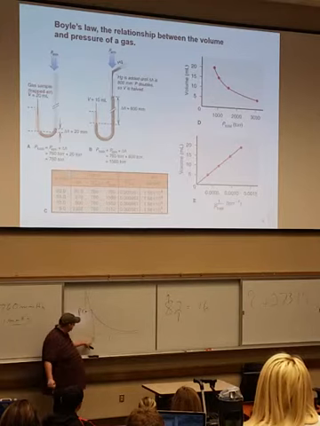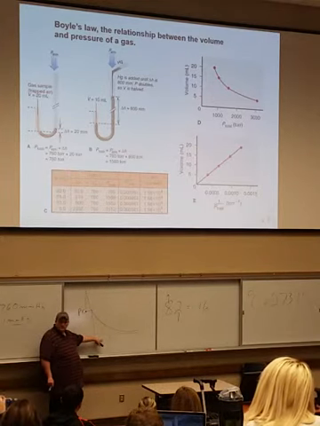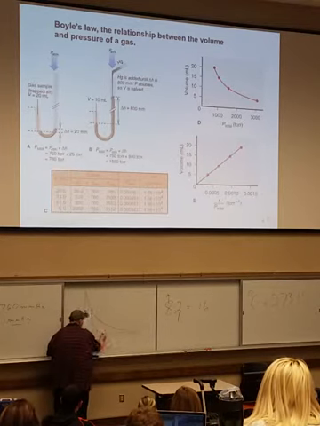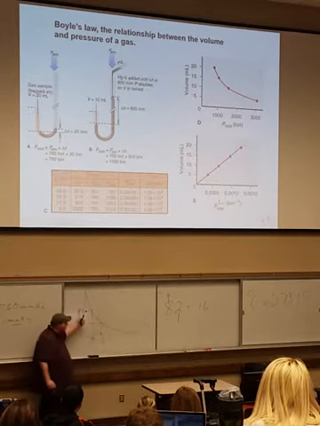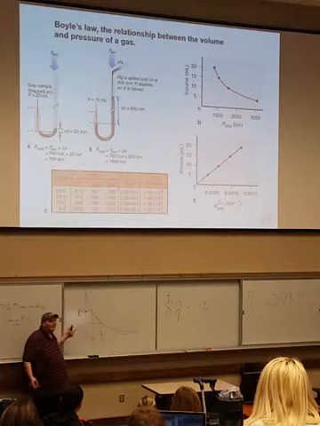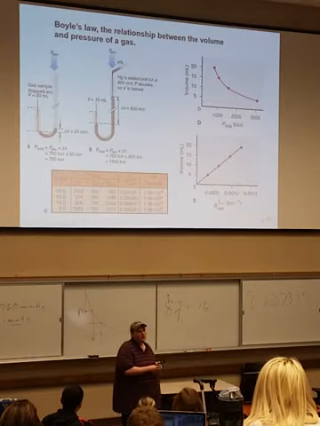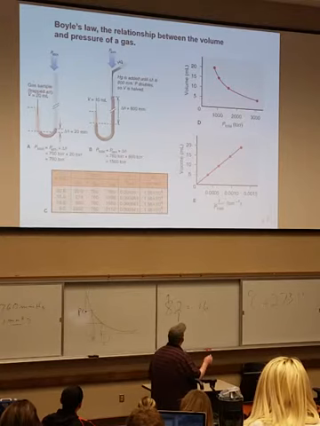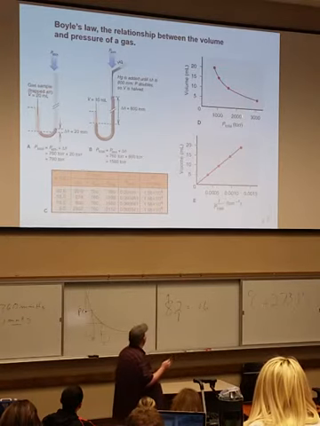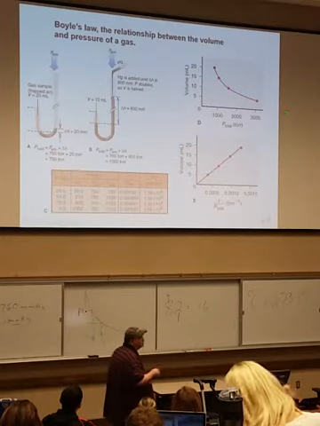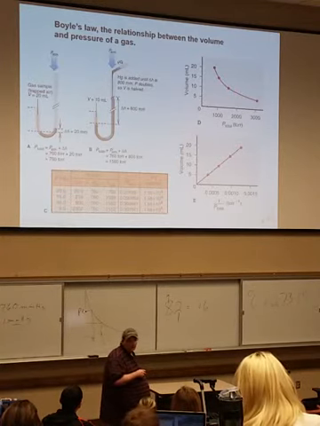If I increase the volume, make it a bigger number, and I go to V2, what happened to my pressure? It goes down. That's an inverse relationship. Okay? So that's represented by here. Why it curves out is you can only increase the volume so much for your containers and stuff like that. So that's why I get that curve.